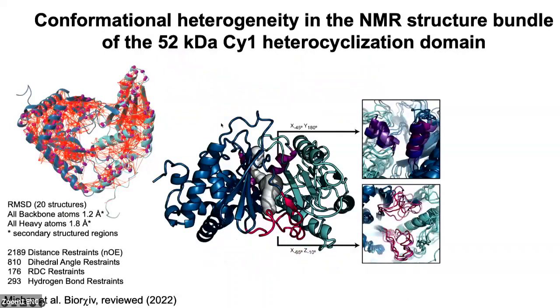The first thing we did was determine the structure of a 52 kilodalton CY1 protein. It's about 450 amino acids, so it was no small task. But I'm not going to talk about that. A lot of method development went into generating that structure, and we can talk about it later. What I want you to take away from this slide is that there was conformational heterogeneity in the structure bundle.